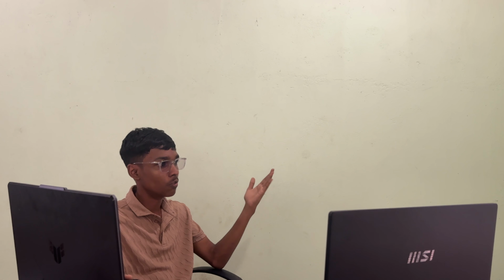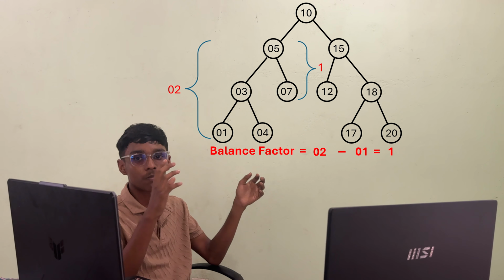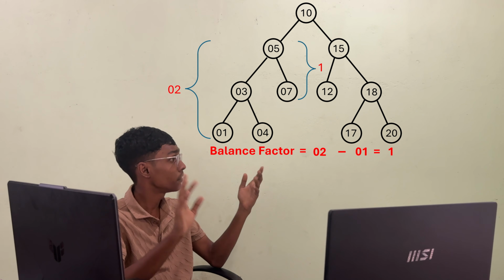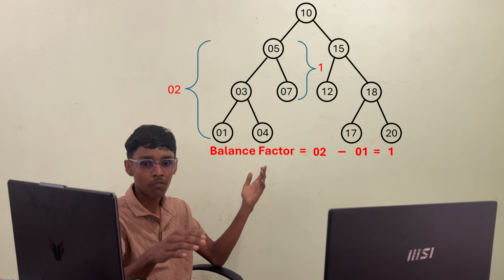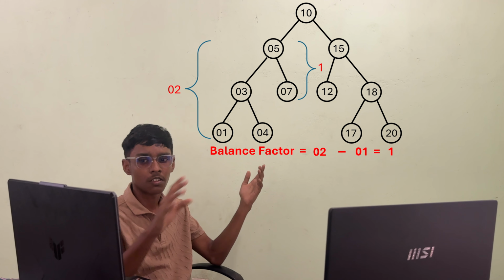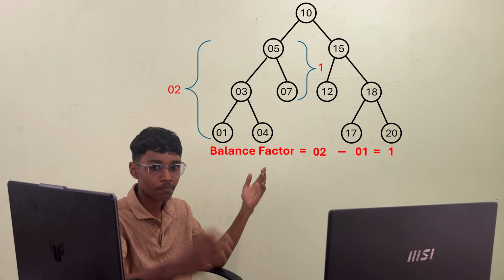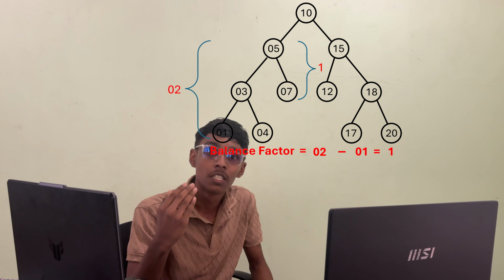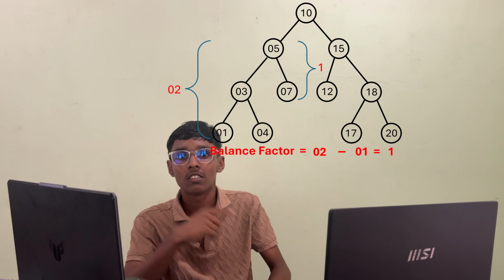Next, a -1 or +1 example. Here the right side has only 1 node and the left side has 2. If we subtract them, the balance factor becomes 1. It means the left subtree is bigger than the right side. So that's the idea of the balance factor.